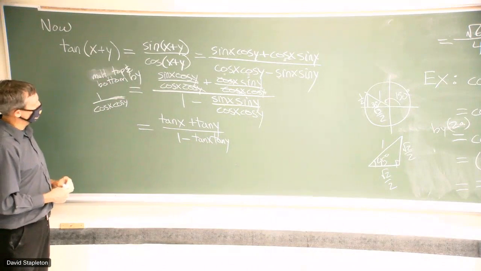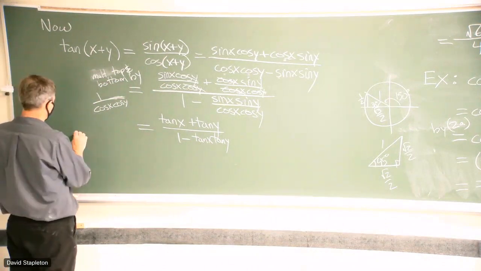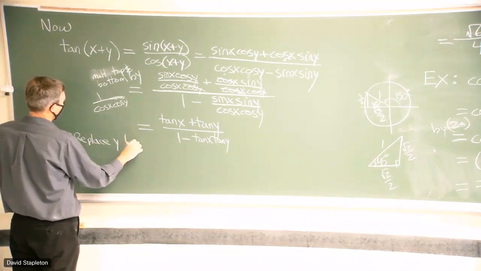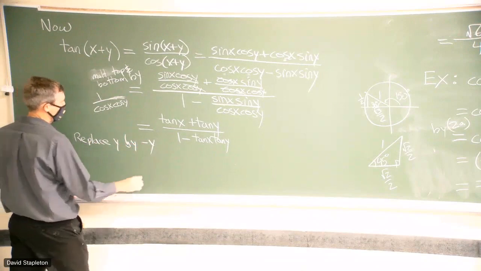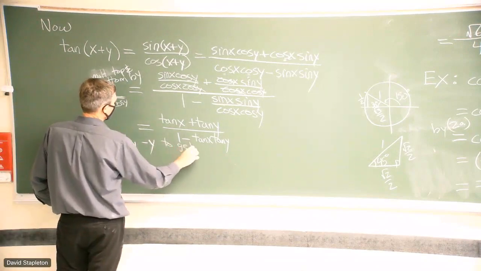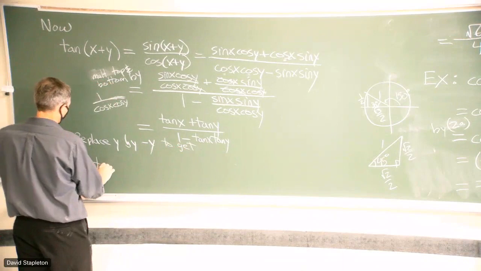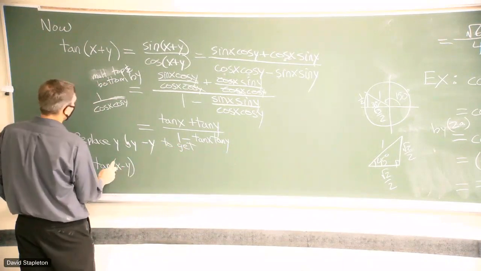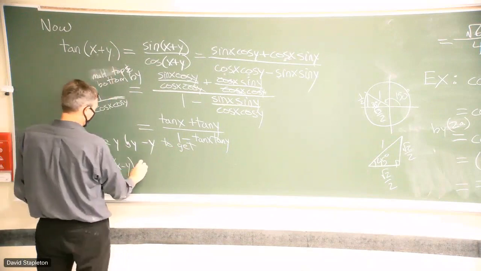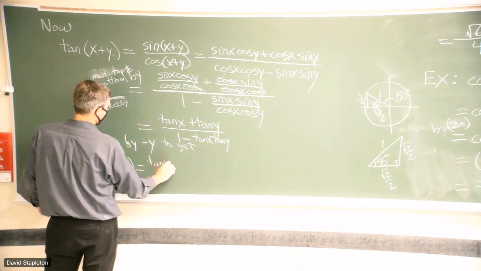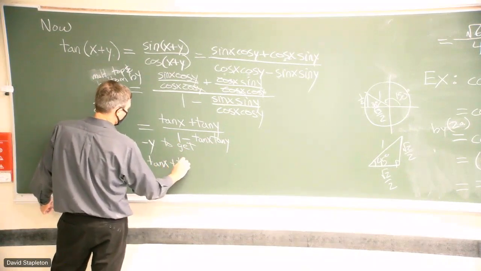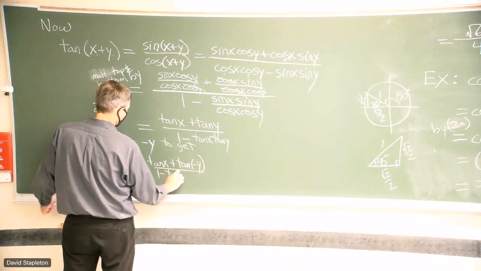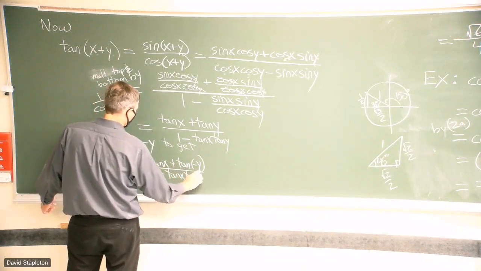But that's that one. And similarly, using the even and odd identities, you replace y by minus y, just like we did for the sine problem. Again, using even and odd identities, the tangent of x minus y, maybe we'll do this proof real quick. I replace y by minus y here. And I also get tangent x plus tangent of minus y over 1 minus tangent x, tangent of minus y, right?